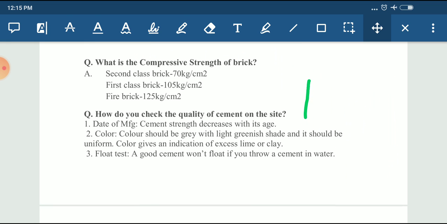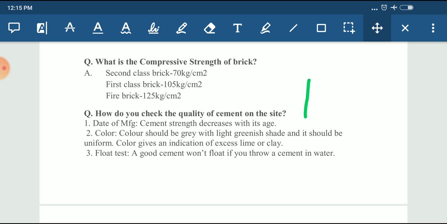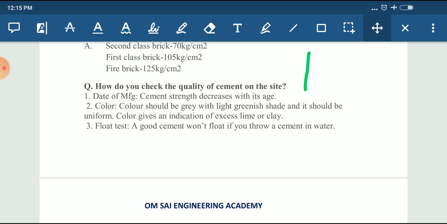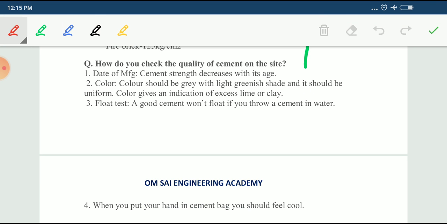Next, how do you check the quality of cement on the site? Usually if you are working as a site engineer, the cement will come to the site, and if you want to check whether this cement is good or not by observing on the site itself, without conducting any kind of test, how will you check? First, one thing you have to remember: you have to see the manufacture date.